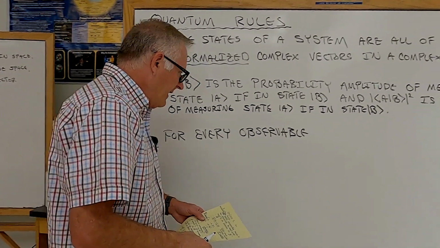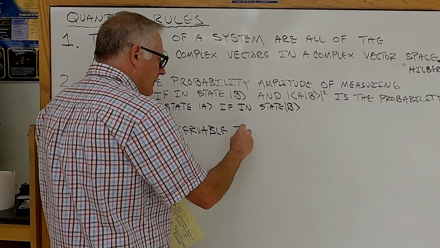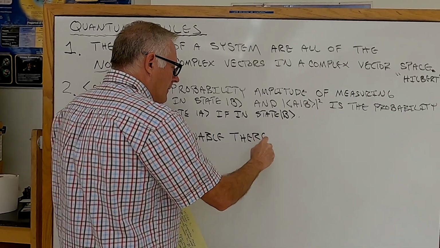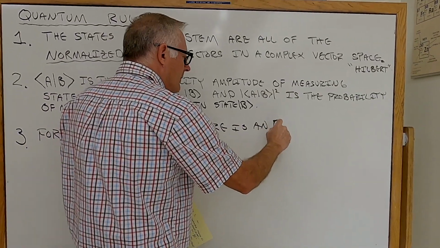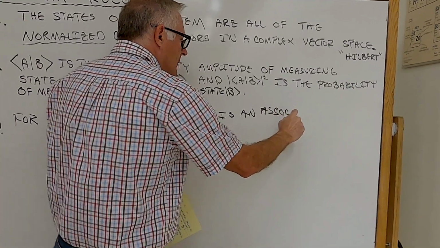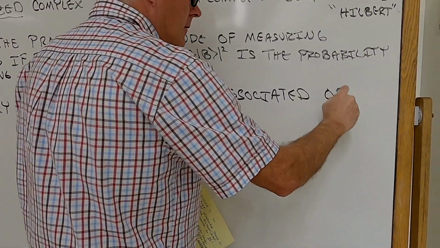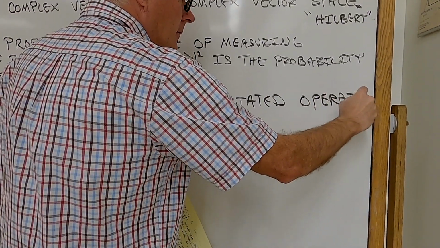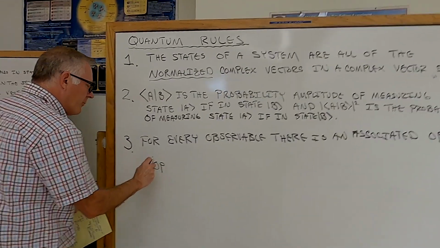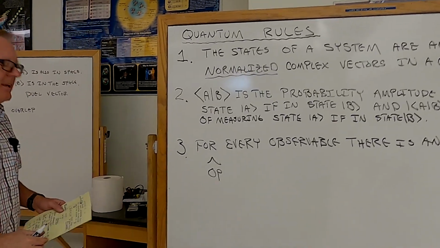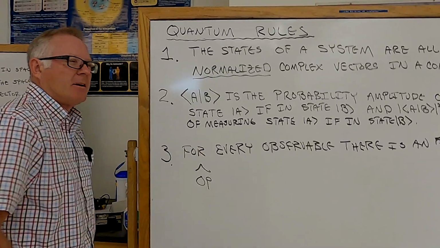For every observable, there is an associated operator. We'll put a little caret on it, operator. So for everything you ever wanted to measure, there's some sort of an operator associated with that observable.